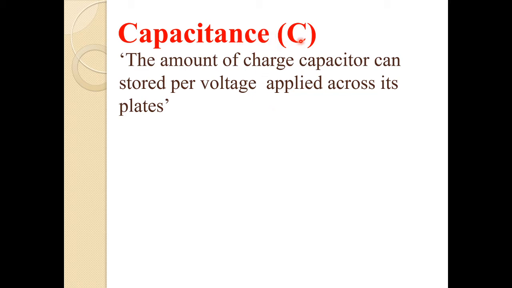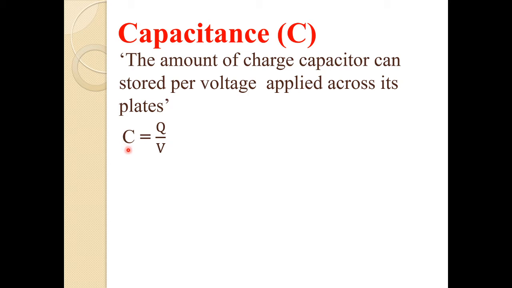It's symbolized by the capital letter C. And this idea, the amount of charge stored, that is Q, per voltage applied, that is V, this ratio is given by the quantity called capacitance.